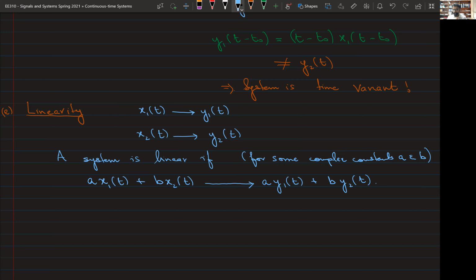Okay, is that clear? If I form a linear combination of the inputs, the output should be a linear combination of the component outputs as well. A consequence of this is that if I multiply the input with any constant, then the output is also multiplied by the same constant.